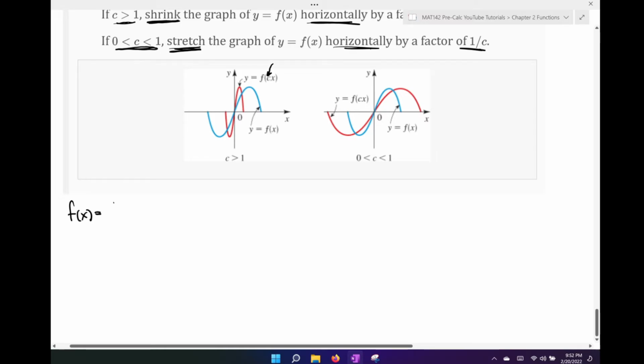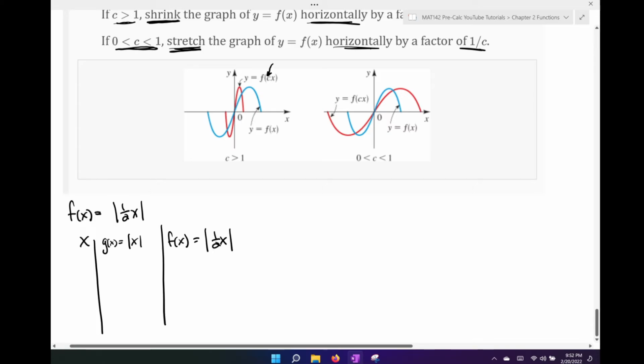Let's do the absolute value again. So we'll do absolute value of 1/2 x. So we have x. Then we have our parent function here. All right. And then we have our function here itself.